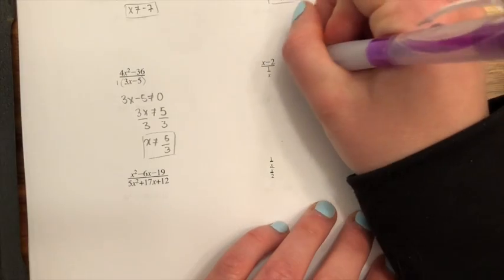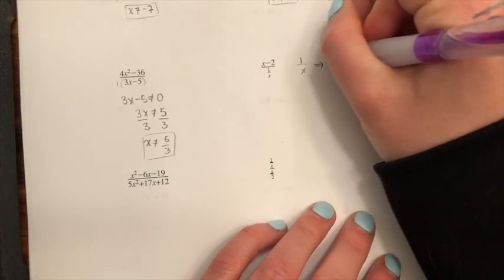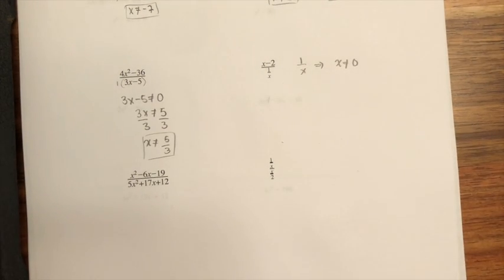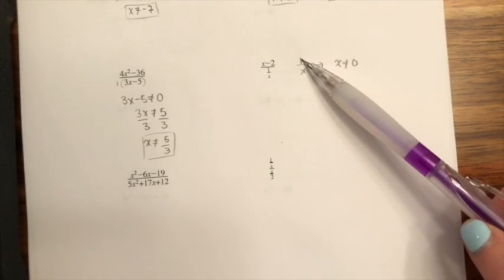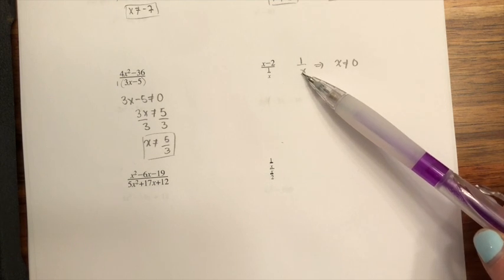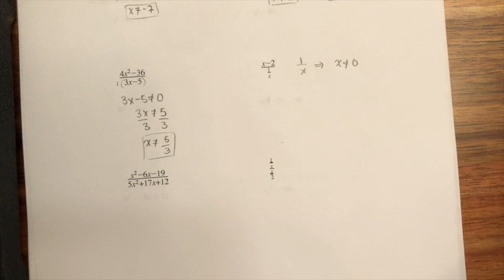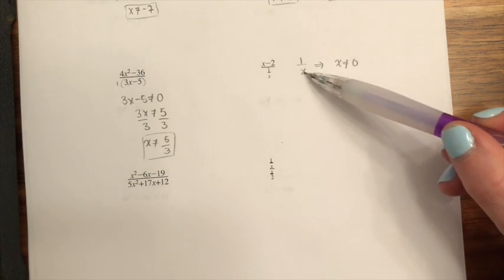So if I just look at the 1/x, then I know that x cannot equal 0, because if I put a 0 on the bottom, I'm dividing by 0, okay? Since 1 is always going to just be 1, and if I do 1 divided by 1, or 1 divided by 2, or 1 divided by negative 7, or whatever, that's always going to be a number, it's always going to be allowed.